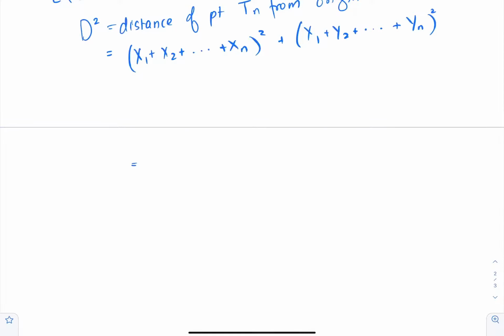When you square it, you'll have a bunch of squares of the like terms, and then you'll have cross terms. And I'm just writing it as i not equal to j. If I do i less than j, then I'd have to put a 2 in there. Okay, and similarly for the y's.